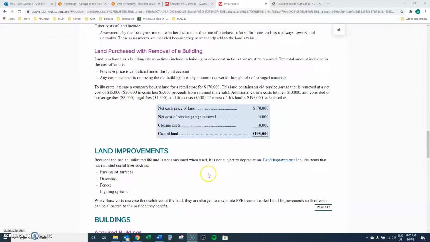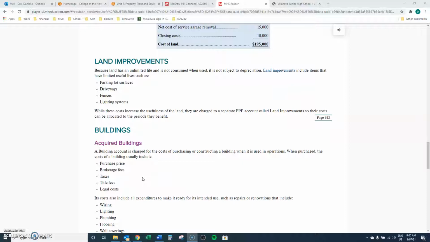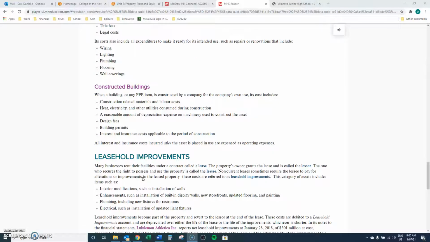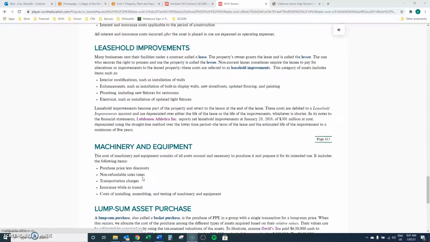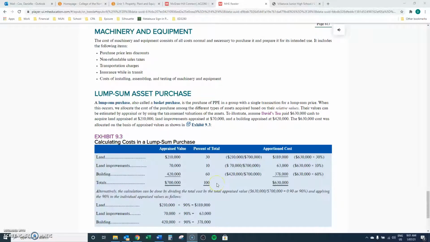Land improvements are separate. And again, just take a look at each one of these different categories, what they are and what costs can be included. So land improvements, buildings, and there's a difference between acquired buildings and constructed buildings, leasehold improvements, machinery and equipment, and then what to do if there's a lump sum purchase.